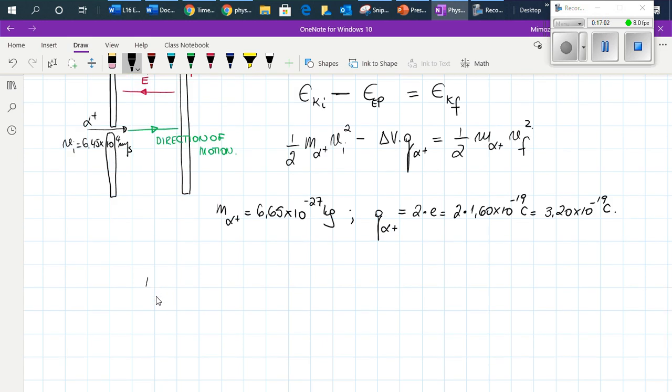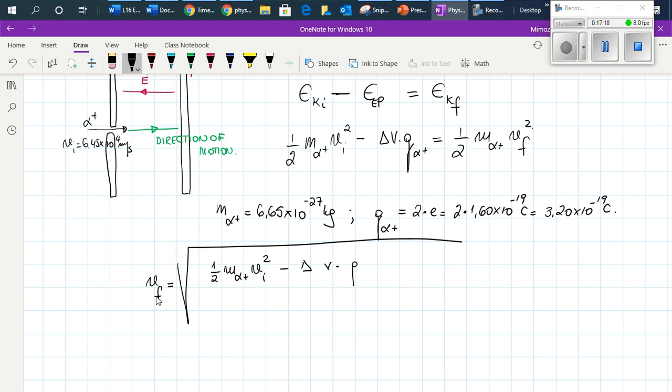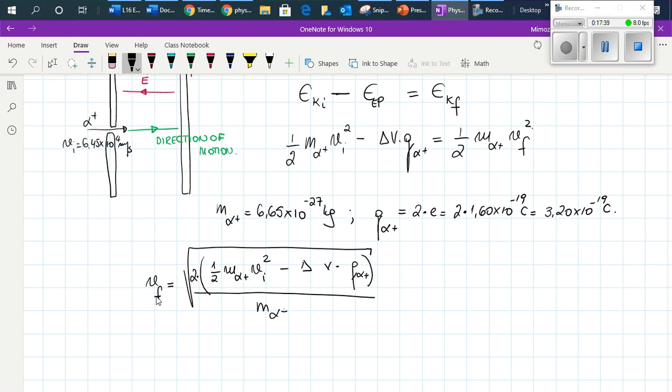So we can say that the final velocity of the alpha particle is the square root of 1/2 mass of alpha particle V initial squared minus change of voltage times the charge of the alpha particle, the whole thing multiplied by 2, and divided by the mass of the alpha particle.